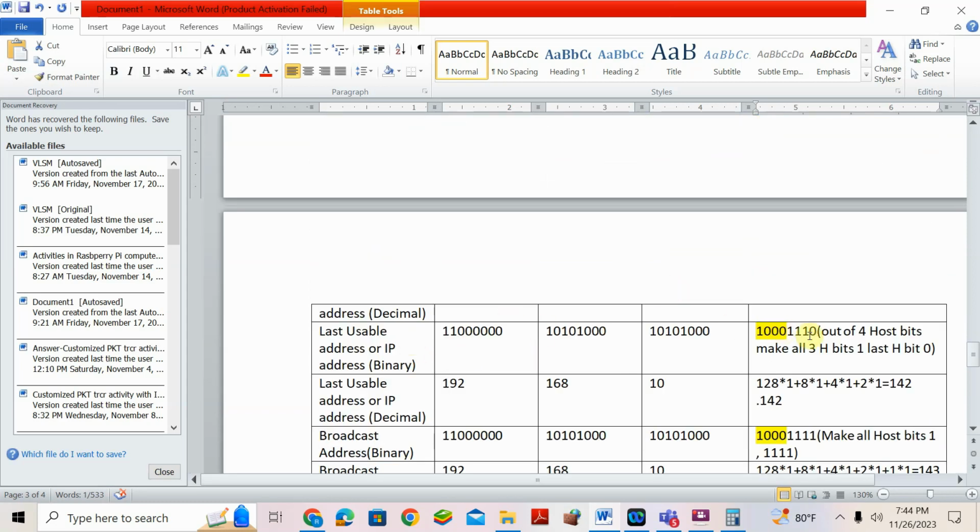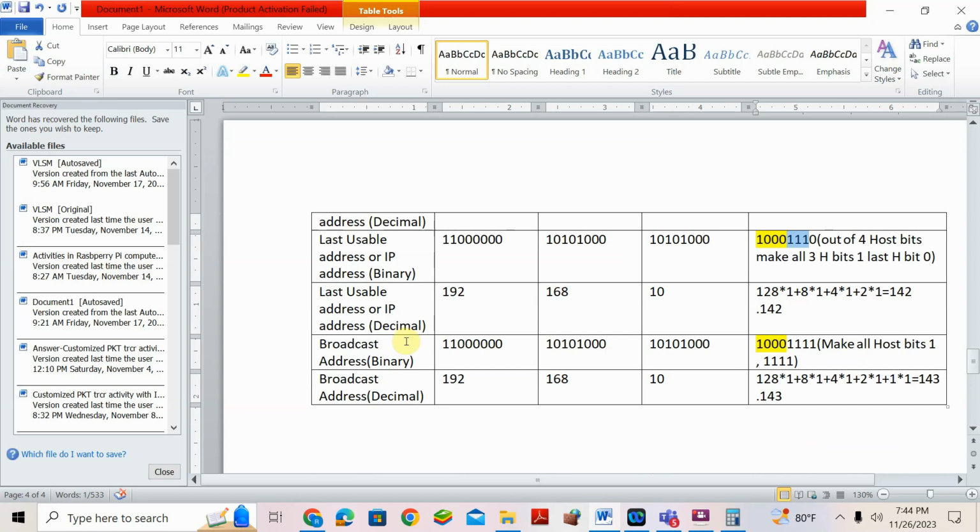Last usable IP means out of the four host bits, in this case first three bits one, last one zero, it will be 128 plus 8 plus 4 plus 2, that is 142. Broadcast means out of the four host bits, make all bits one. So you will get 128 plus 8 plus 4 plus 2 plus 1, 143. Hope you understood. Okay.